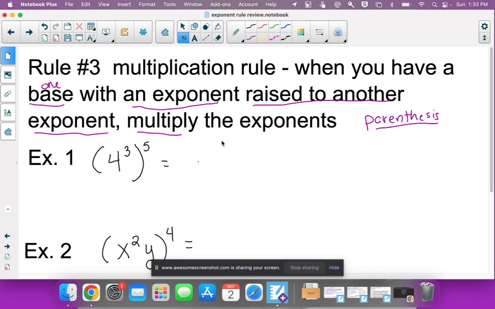All right, if you think about it, when we do PEMDAS, we work from the outside in, right? Or you could do what's in the parentheses first, which is 4 to the third, and then you're raising that to the fifth power. And remember, exponents mean that you're multiplying repeatedly, right? So what I have in my parentheses is this, but I have 5 of them.